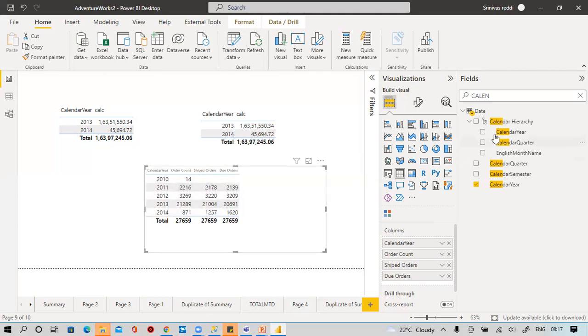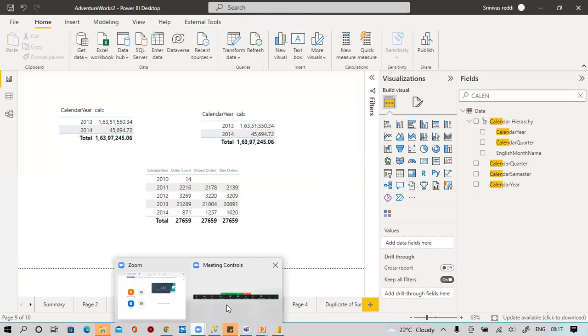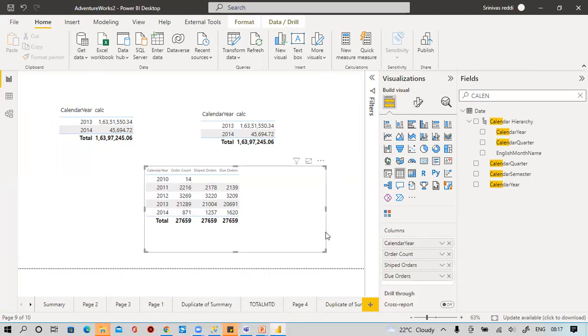We can say this date table is a calendar table. Got it, guys? In this calendar year will be role-playing dimensions.